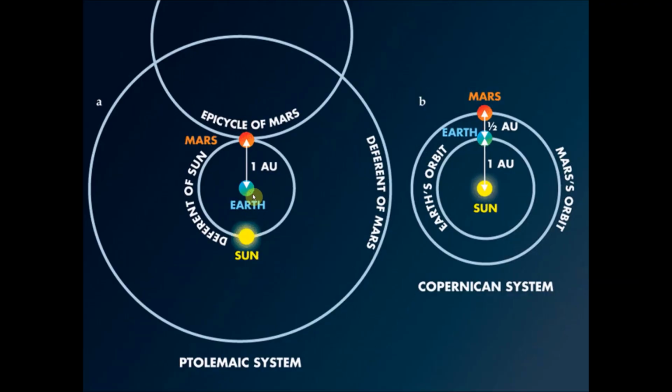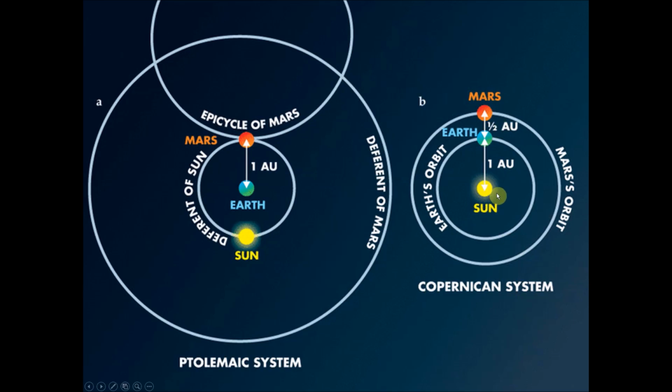So here are the two differences. Here's the Ptolemaic system. Here's the Earth. Here's the Sun, one astronomical unit, the Sun going around the Earth, and here's the epicycle of Mars, which means Mars has to come all the way in to the inner solar system and go back out on its circle. If we look at the Copernican system, it's actually a lot simpler.